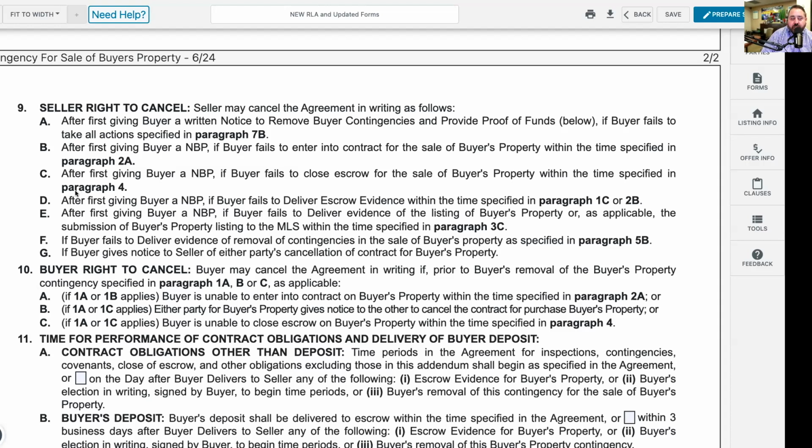Okay. So if I don't show evidence to the seller, because it says I have to, within 2 days of the buyer removing their contingencies on my downleg, I have to tell the seller. If I don't do that, the seller doesn't have to send me a notice to perform. Seller can cancel. If I cancel on the buyer or the buyer sends me cancellation instructions, even if we're trying to work it out, I have to tell the seller I received the cancellation instructions.